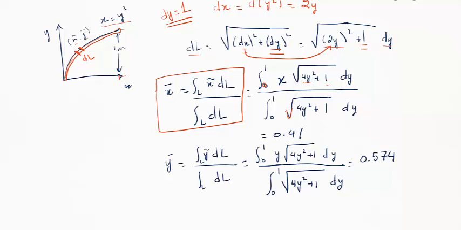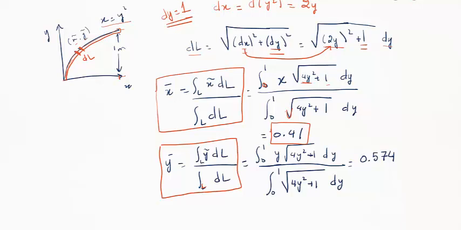Now if we solve all this integral at the end, we're going to get 0.41. I'm not going to actually solve the integral here. They should be fairly simple. Those are covered in your calculus courses. Now we do the same thing for y bar, integral y dl over integral dl, over the length.